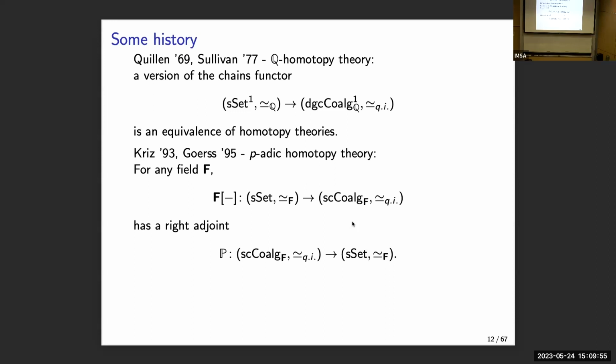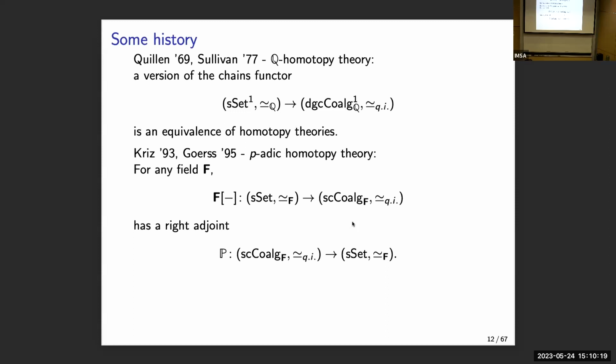And Goerss constructed a right adjoint for this chains functor. Again, this is a right adjoint in the homotopical sense. He constructed this right adjoint by constructing certain model category structures and deriving certain functors.